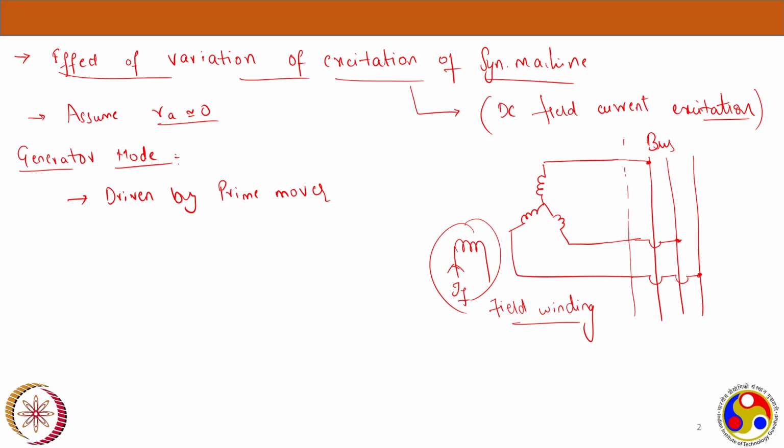Now, let's say my given steam input is constant. I have kept my steam input always constant. For a given steam input, my real power input from the mechanical side is constant, since I fixed the steam input.